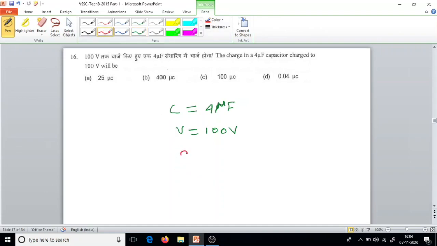What is the equation for Q? Q charge equal to capacitance into potential. So C is 4 microfarad multiplied by 100. So it is 400 microcoulomb. So the answer is option B.